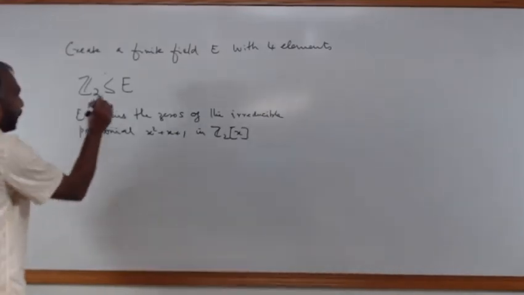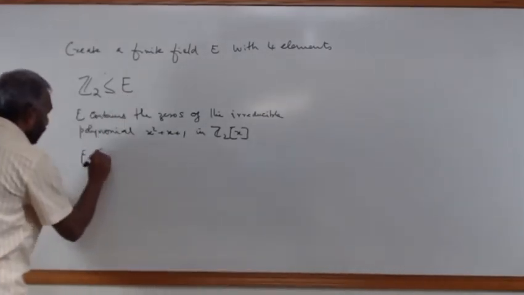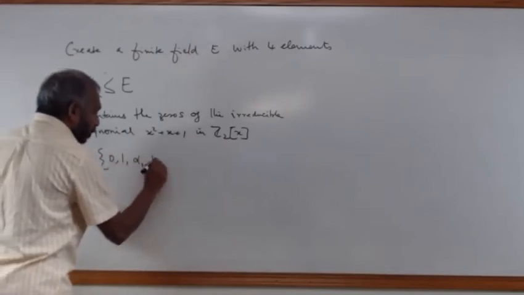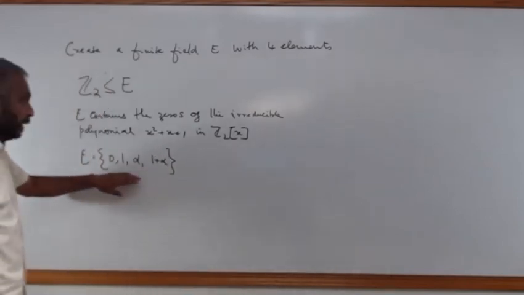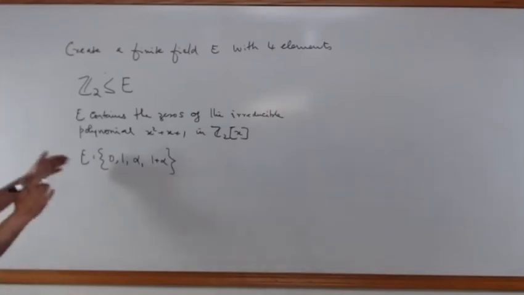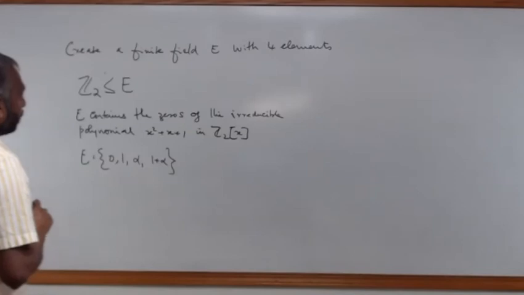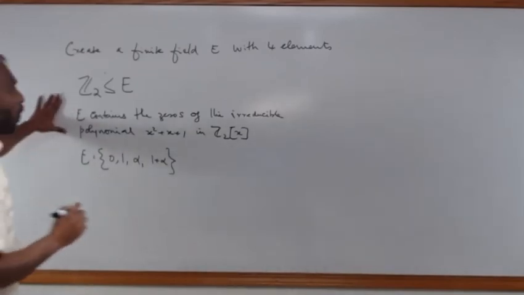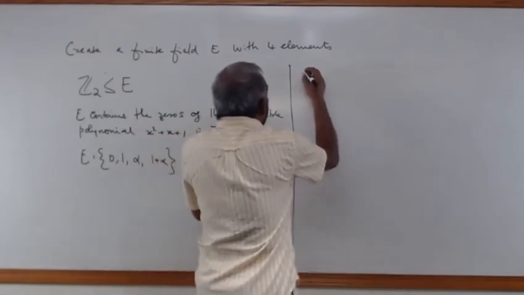And we know that the elements of E are 0, 1, alpha, 1 plus alpha. And we already created multiplication and addition tables on this earlier, so I'm not going to go through all this stuff. But I want to compare what we have already.